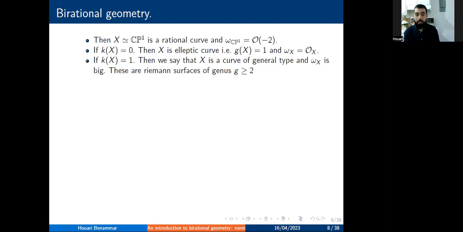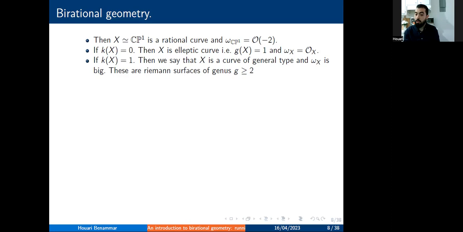So if the Kodaira dimension is 0, we can see that the genus is equal to 1, and this is an elliptic curve. And we know that for an elliptic curve, the canonical line bundle is trivial. And when the Kodaira dimension is equal to 1, then we say that X is a curve of general type. And by definition, omega X is big.